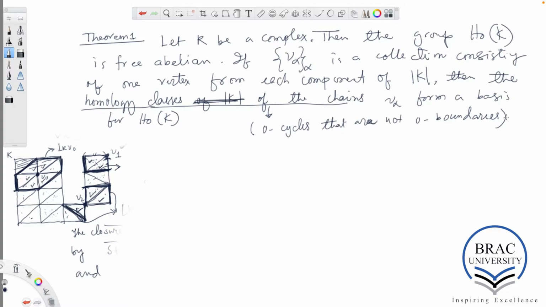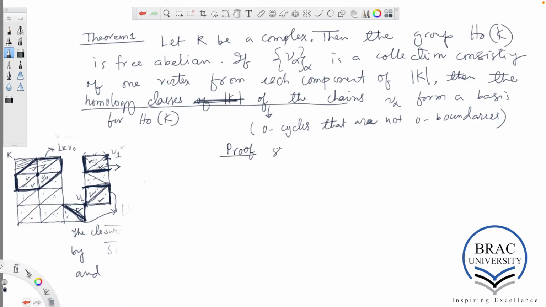All right, so let us move into the proof. The proof is divided into two steps, I believe. Let me go over the steps of the proof.